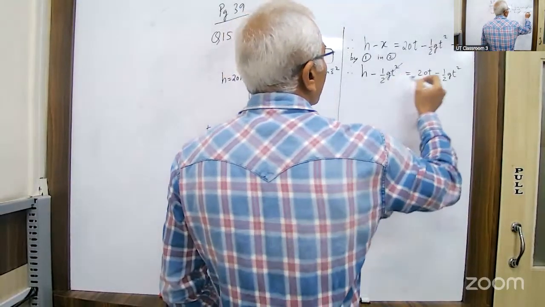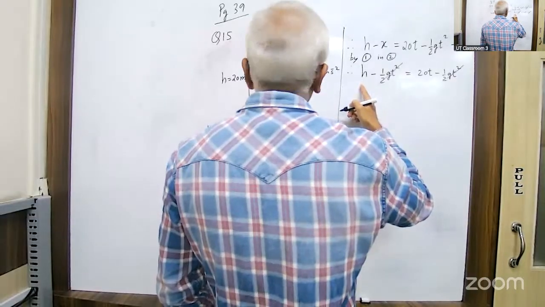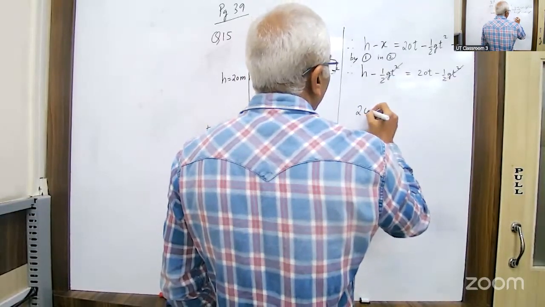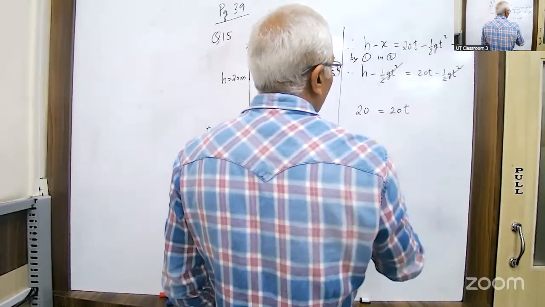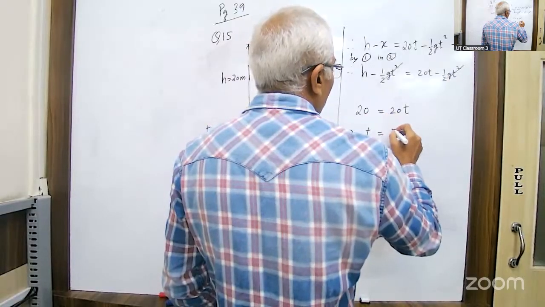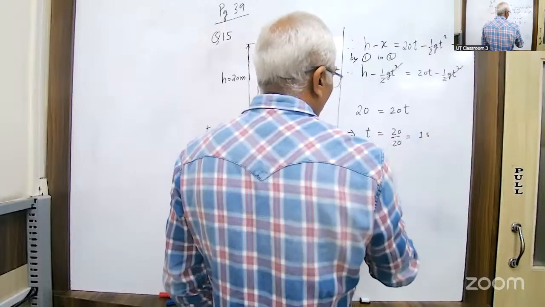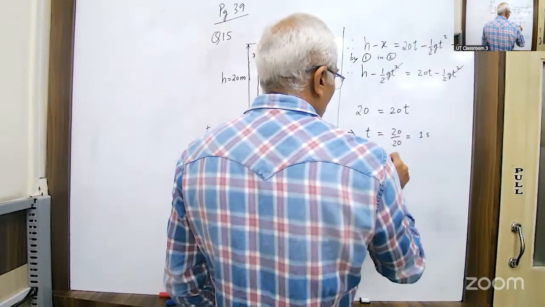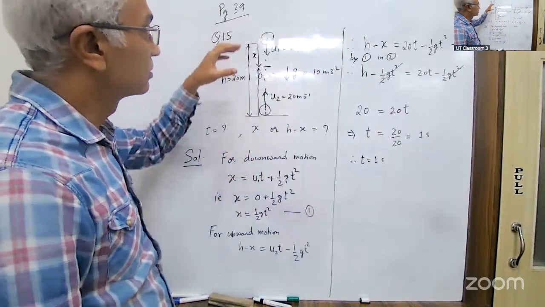So half gt square and half gt square get cancelled. What is h? 20. This gives us t is equal to 20 divided by 20, that is 1 second. So when will they meet? They will meet after 1 second.